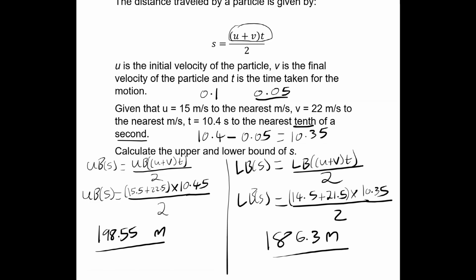Which again, it's not as crazy a difference as before, because this time we're measuring to a much higher degree of accuracy. We're doing the nearest meter per second and then the nearest tenth of a second, which is actually quite accurate. So the difference is not so much. In fact, to one significant figure, both would be 200 meters.